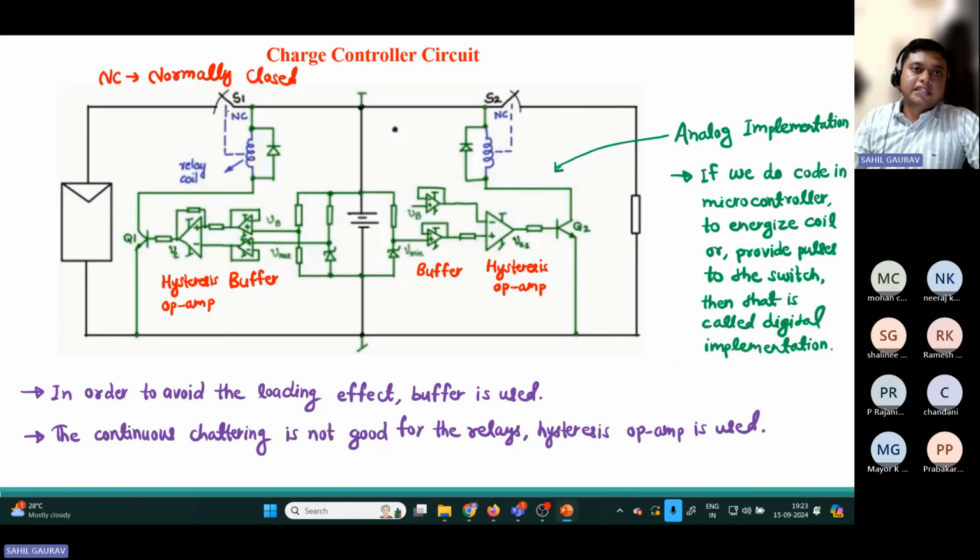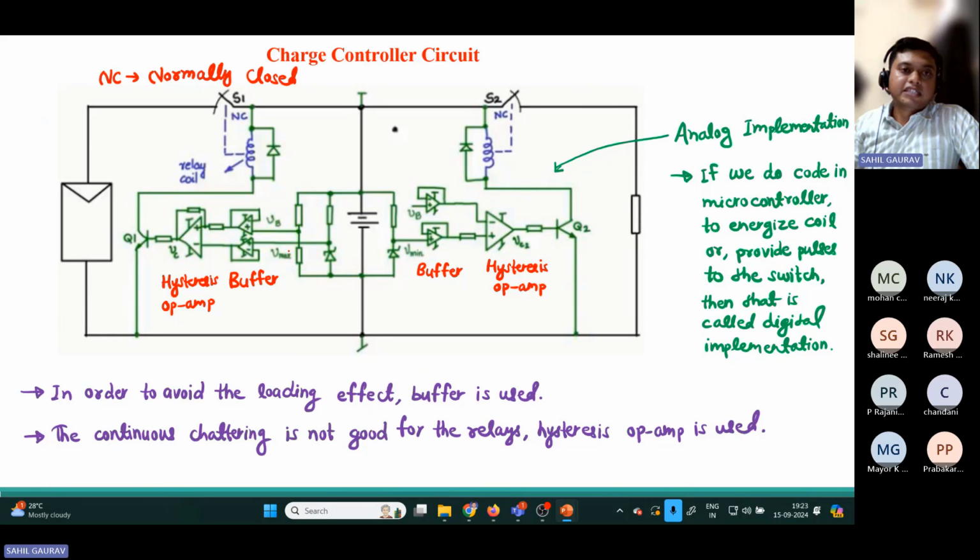If it does not get any signal, it will stay closed, and if it gets a signal, it will open. So how will it work? We have this connected to this BJT transistor, then this op-amp comparator, then this buffer, and then this resistor and Zener diode.